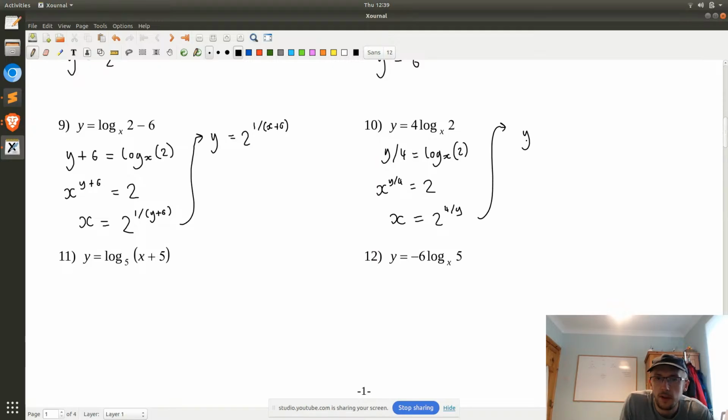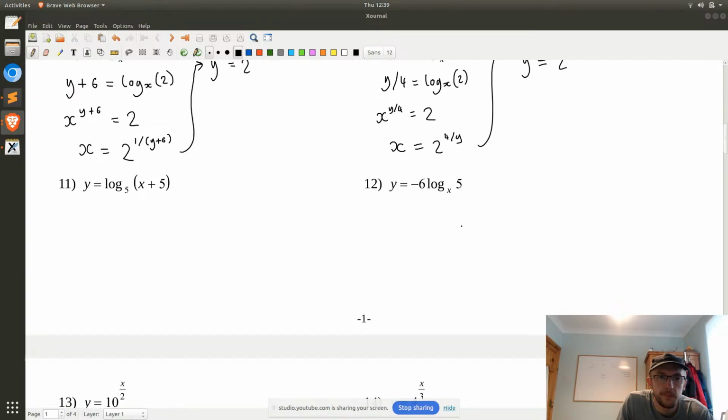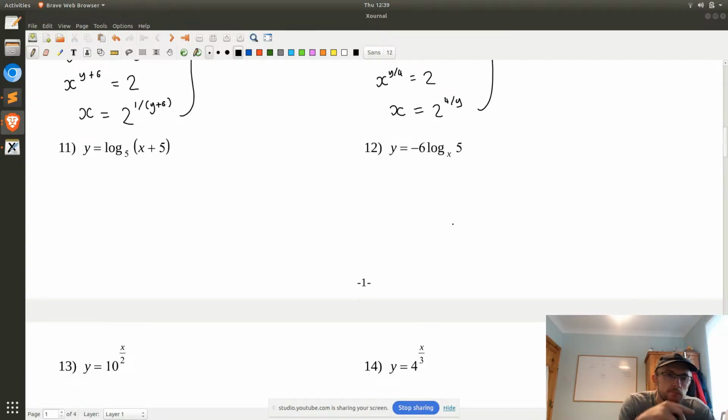So swapping variables. And we check. And that's correct. And that's good. Okay.